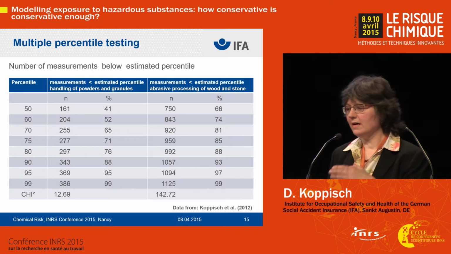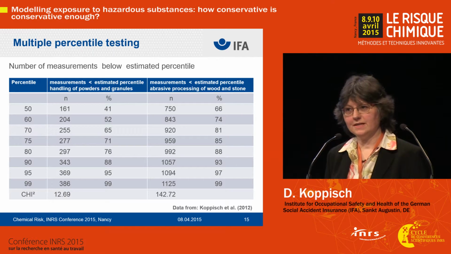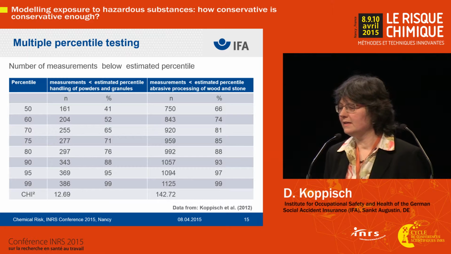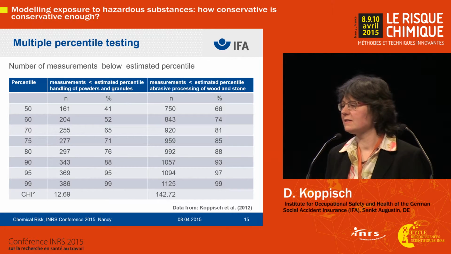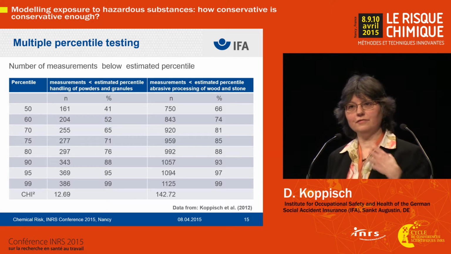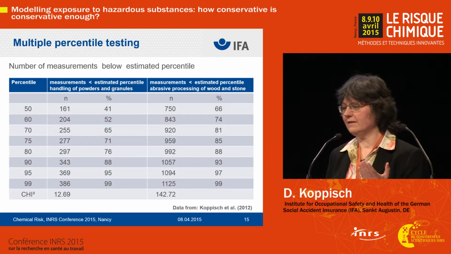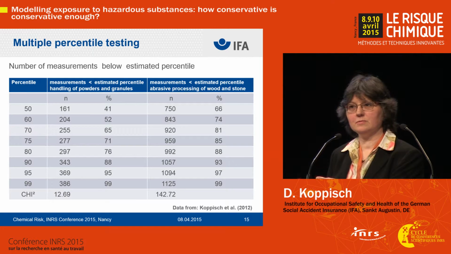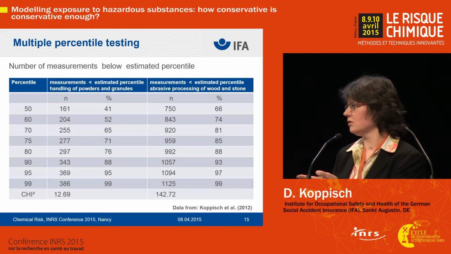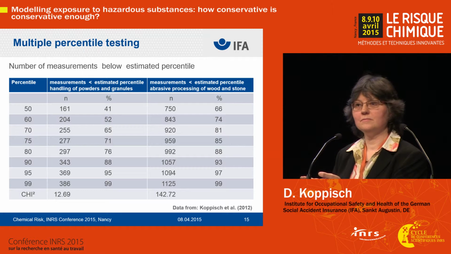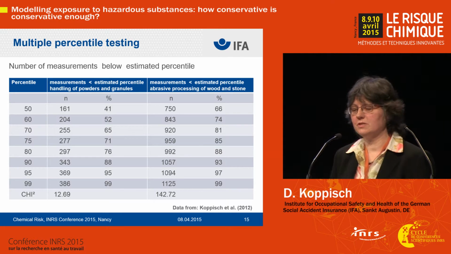And in this table, I have in the first column the percentiles, and then in the second column, you see the number of measurements below this estimated percentile, and then the percentage. And if the model is really good, then if it's the 50th percentile, then 50% of the measurements should lay below the estimated percentile.